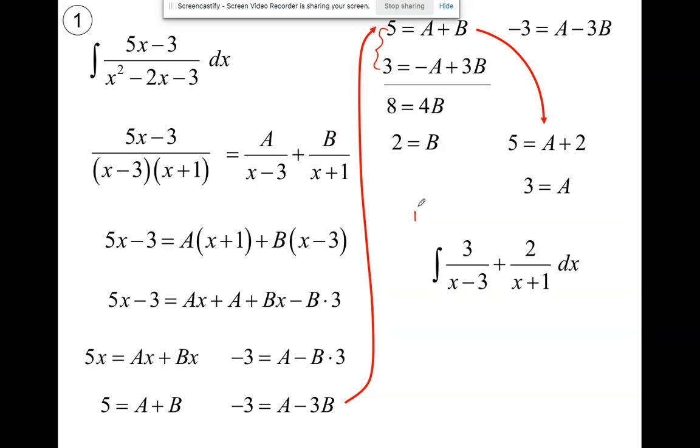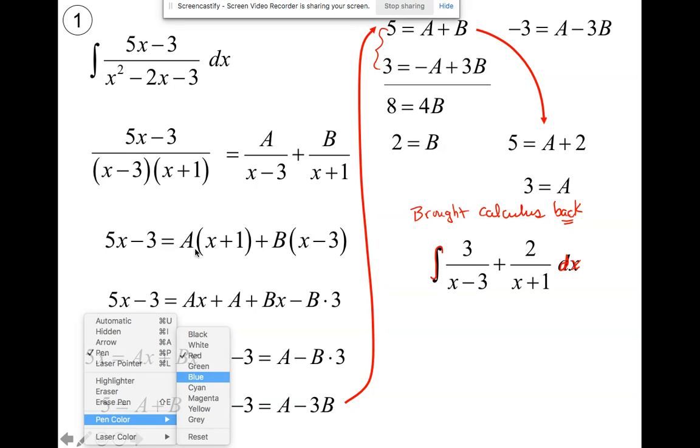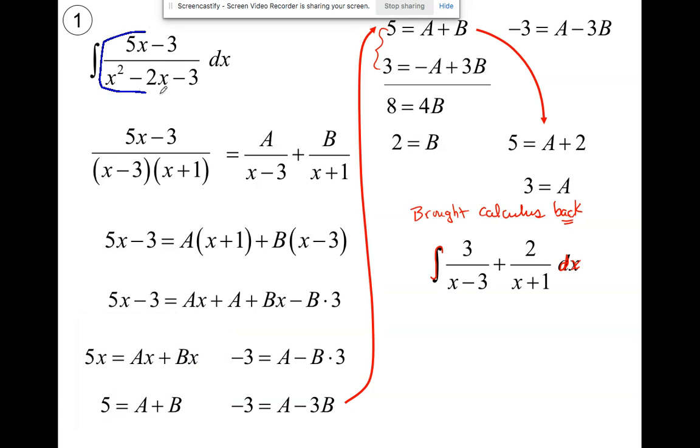Now I brought calculus back. I took the integral and did pre-cal on it. I ripped it up into two separate fractions.